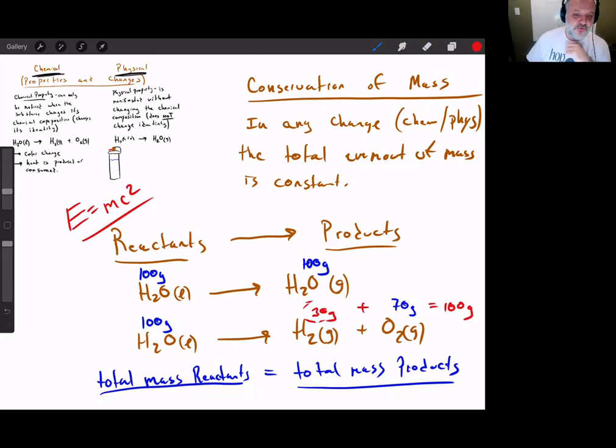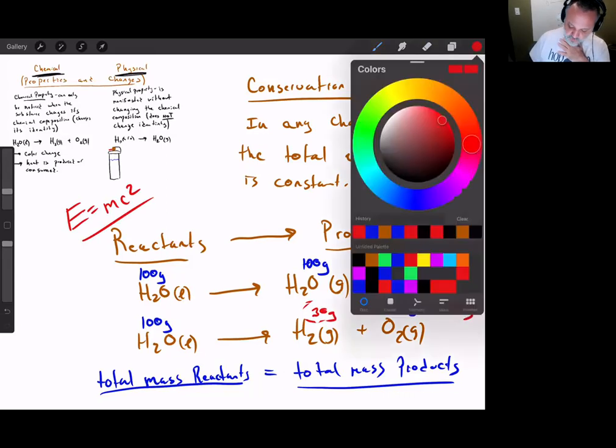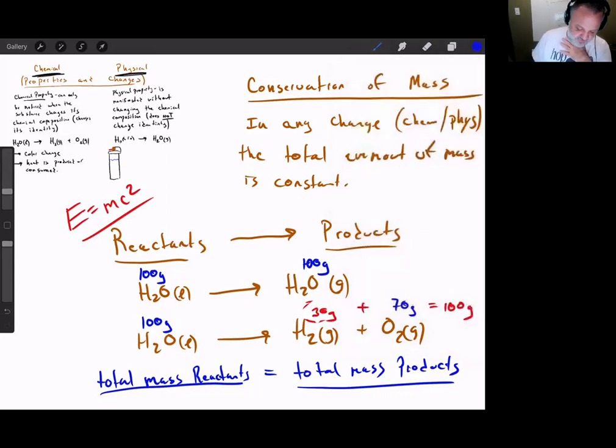It's the total sum of both energy and mass that is constant, because what Einstein ultimately told us is that energy is mass and mass is energy. So there's a total conservation of energy.